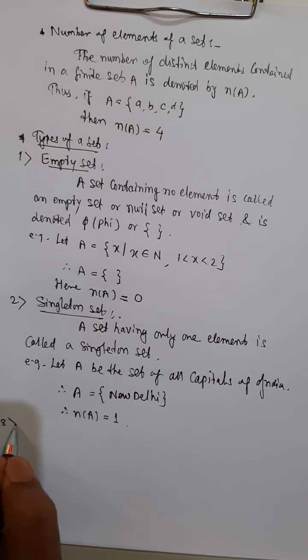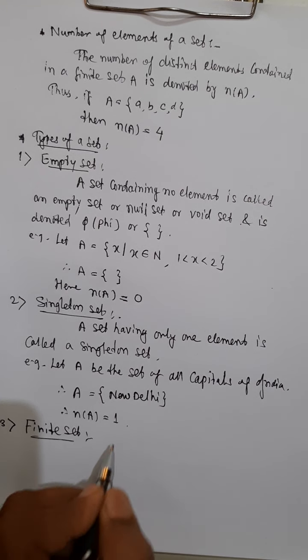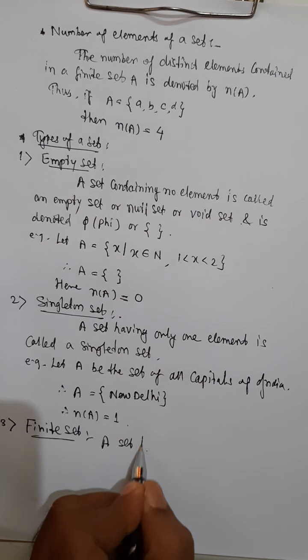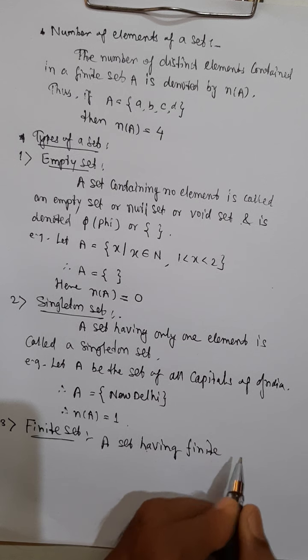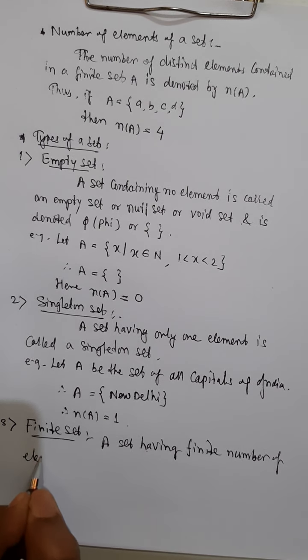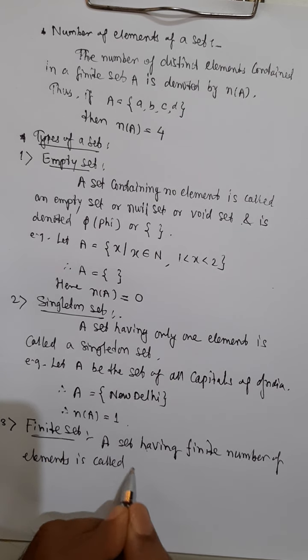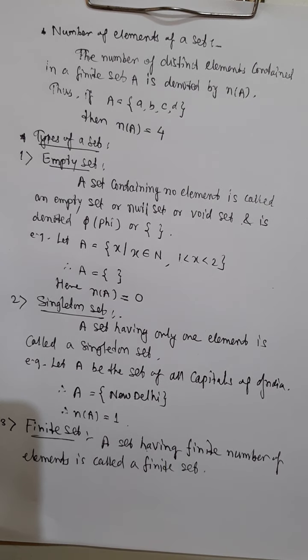Then the next type is finite set. Definition: a set having a finite number of elements is called a finite set. That means we can count the elements of a finite set.